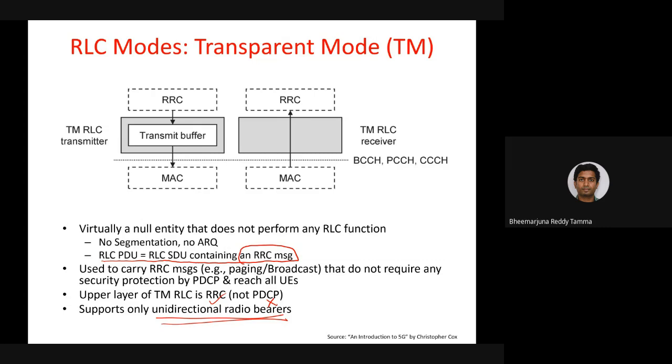This is how the flow looks. You take the RRC messages and send them to the MAC layer, and at the receiver you do the reverse. But you may be wondering why we need to have the transmit buffer. Can somebody think why there is a transmit buffer here?